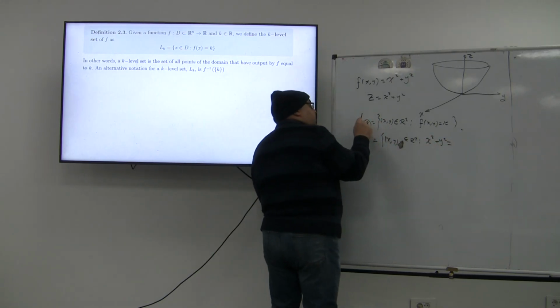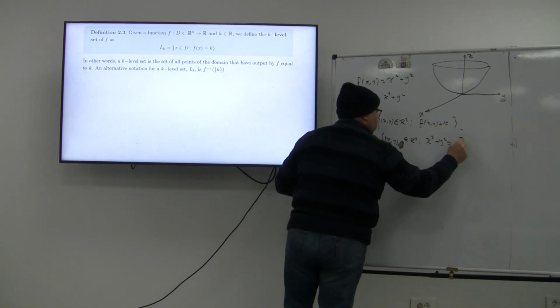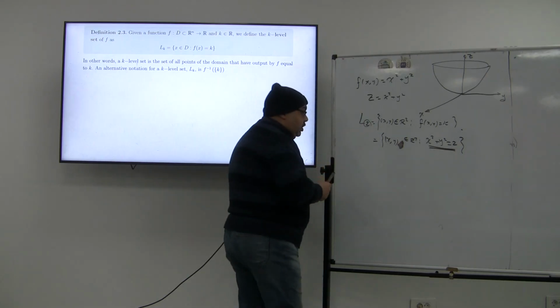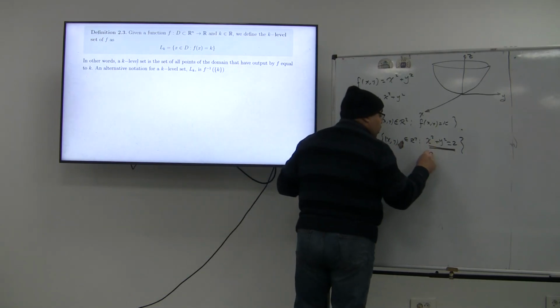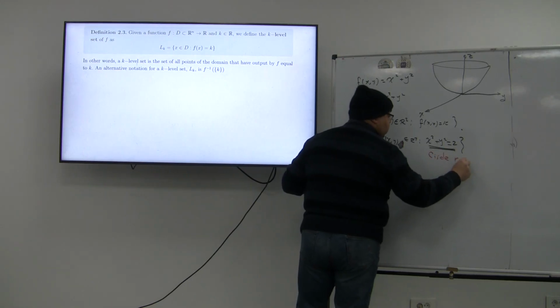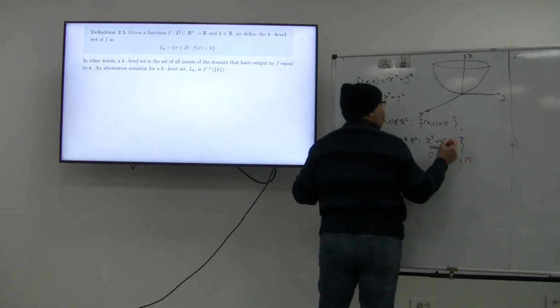I need the shape at L equal to 2, which means k is equal to 2. In this case, this equation is the equation of a circle with radius equal to root 2, which is exactly what I'm telling you about.